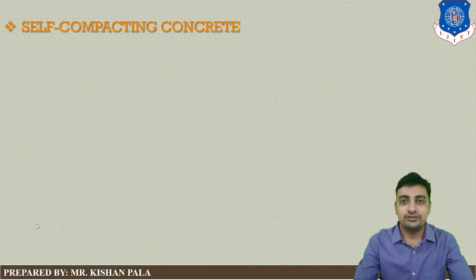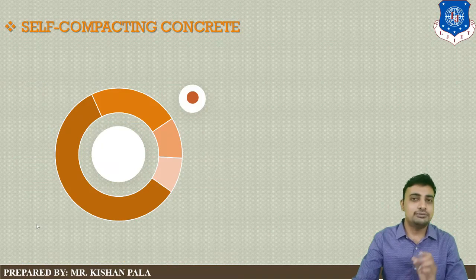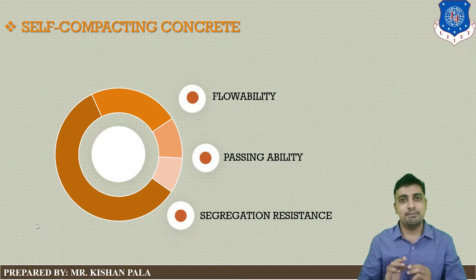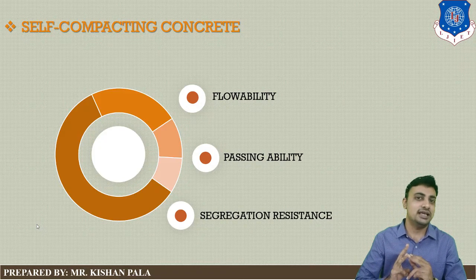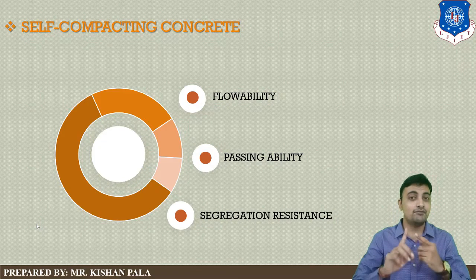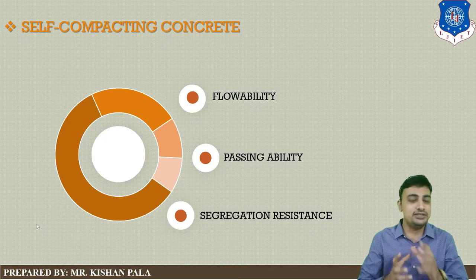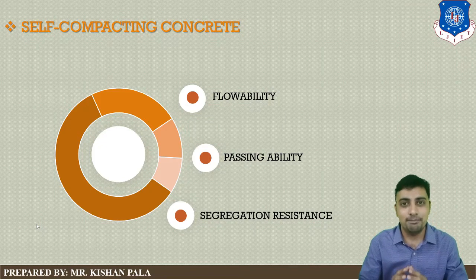If we talk about the properties of self-compacting concrete, there are three properties. First one is flowability, second one is passing ability, and third one is segregation resistance. What is flowability? Flowability means it is able to flow into each and every part without compaction. Second one is passing ability.